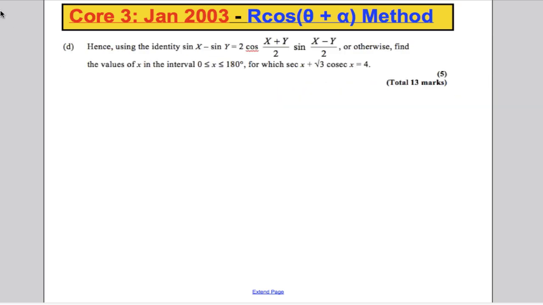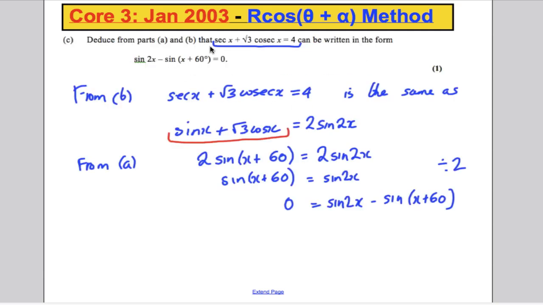Okay, and lastly, hence using this identity or otherwise, we're going to try and do the hence way. Find the values in the interval 0 to 180 for which this is equal to 4. Now from the part above, I know sec x plus root 3 cosec x equals 4.